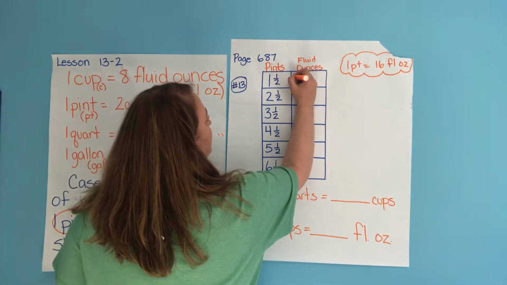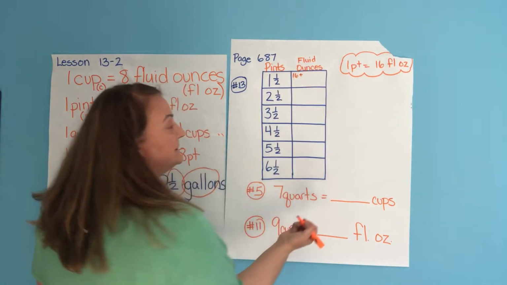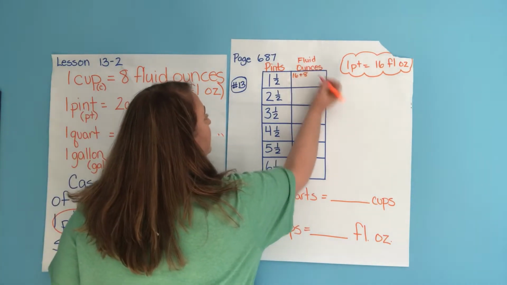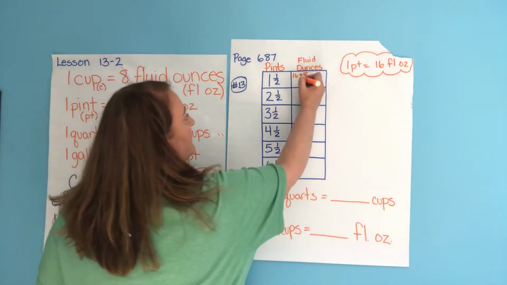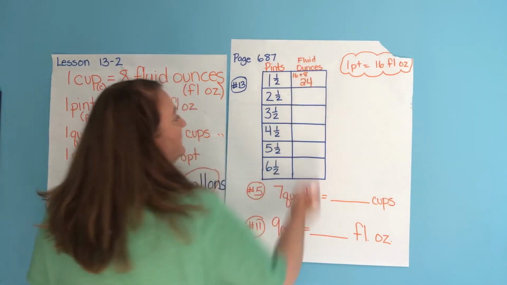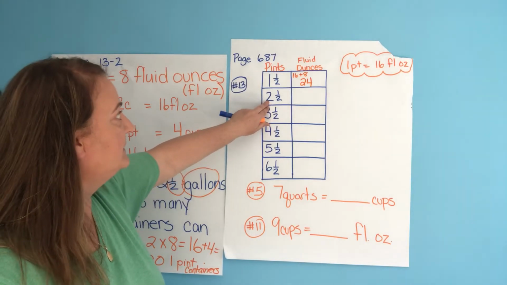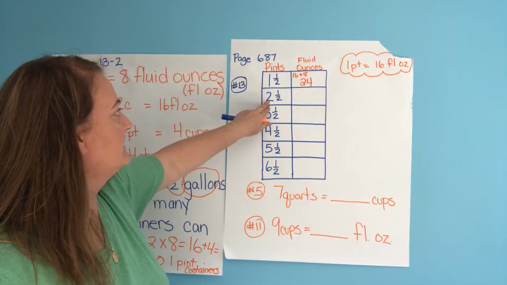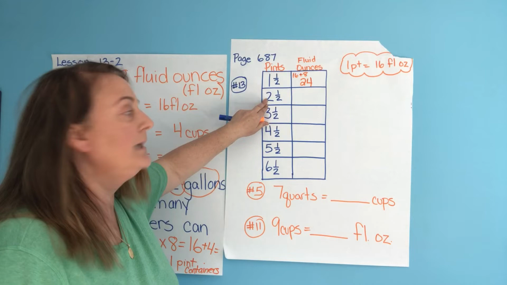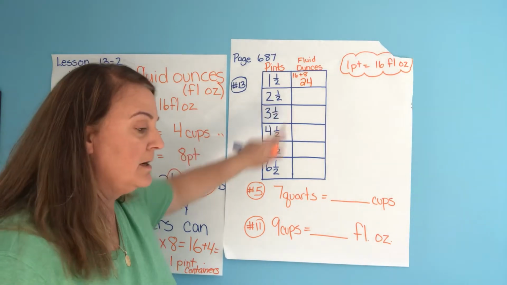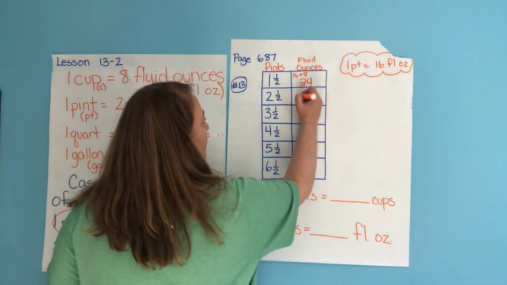So it would be like 16 plus, what is half of 16? 8. So our total would be 24. So here we have 2 pints. So that would be 16 plus 16 plus another half, which would be 8, and our total would be 40.